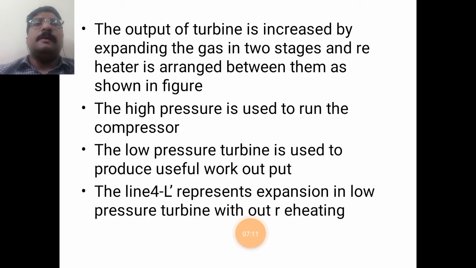Okay. So in these two turbines, one turbine is the high pressure turbine and the second turbine is the low pressure turbine. The high pressure turbine is used to run the compressor completely and the low pressure turbine is used to produce the useful work output. Okay. In the TS diagram, the line 4L dash represents expansion in low pressure turbine without reheating.